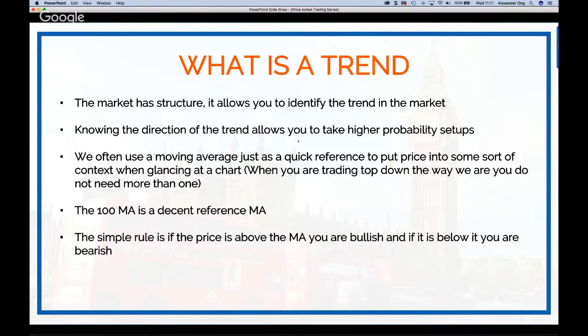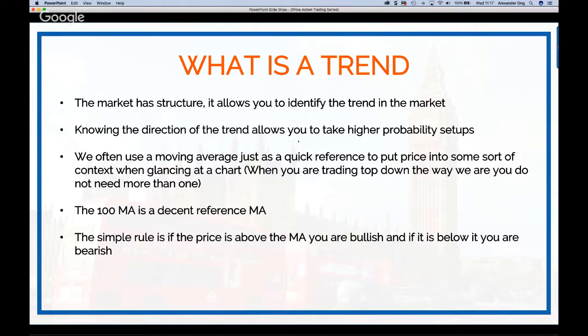Now, one of the things that we use to give us an overview, just by looking at the charts, to be able to look at a chart in a split second and decide which way the momentum is, is a 100 exponential moving average on some of our charts. The simple rule is that if price is above the moving average, then we're bullish.